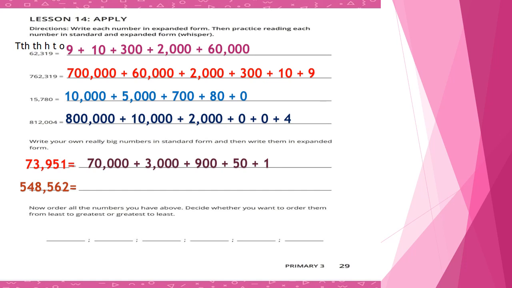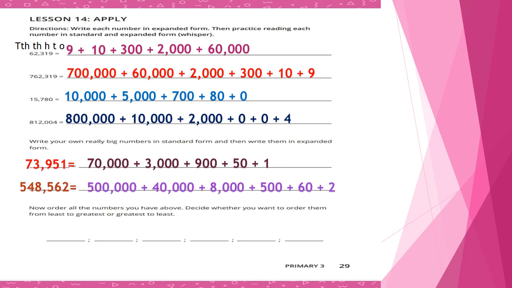Let's read from the left. 548,562. Let's write the expanded form.